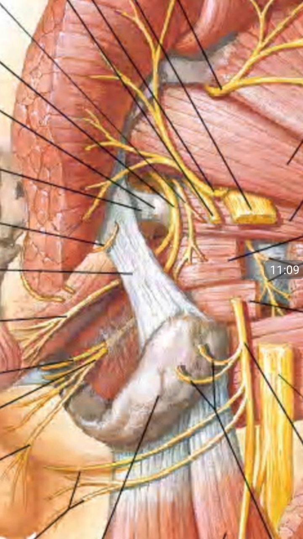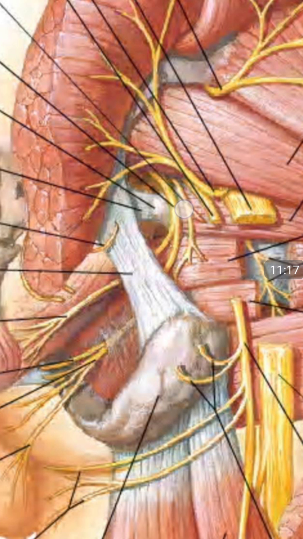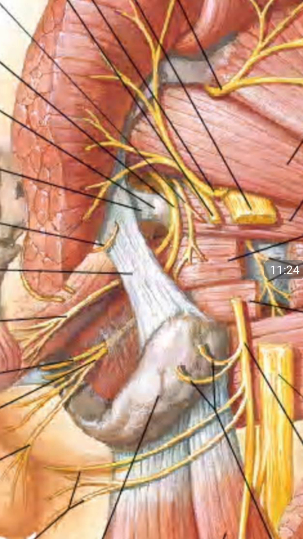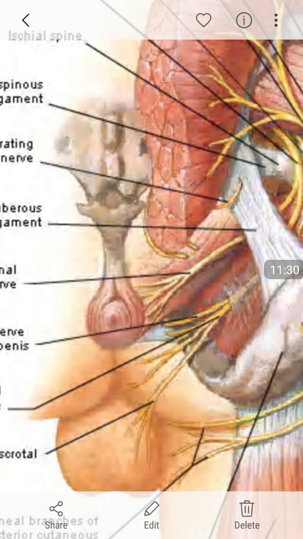And then here comes the pudendal nerve. Here you can see the pudendal nerve is leaving the pelvis through the greater sciatic foramen. Then it is winding itself around the spinous process. Then it is re-entering. It is leaving the gluteal region without supplying any muscle here, and it enters the lesser sciatic foramen and supplies the perineal structures.